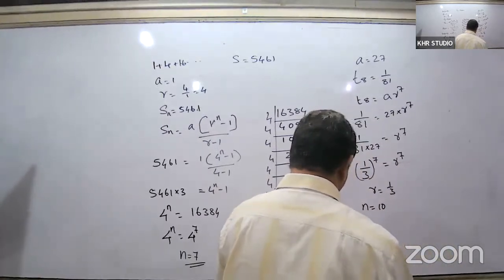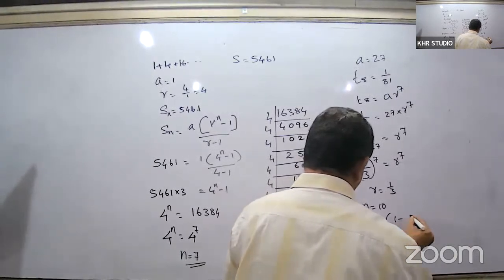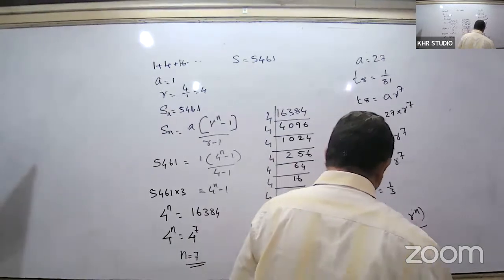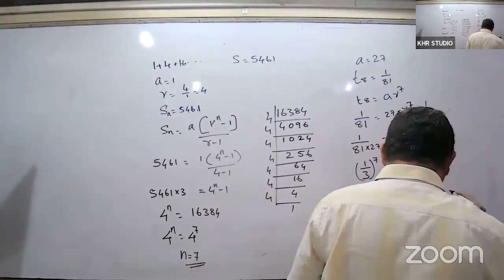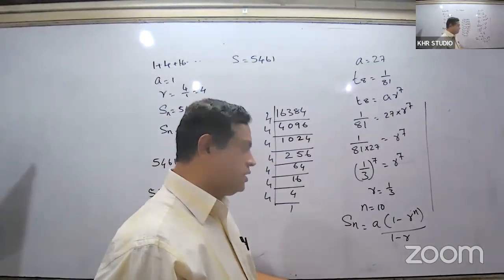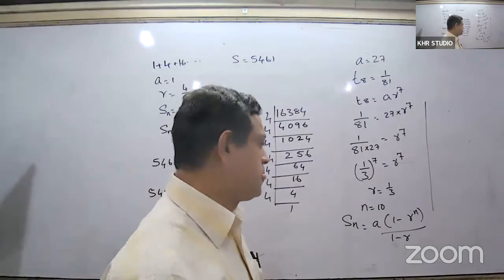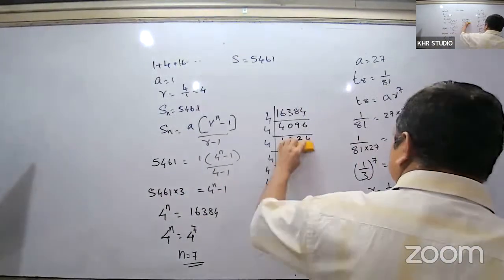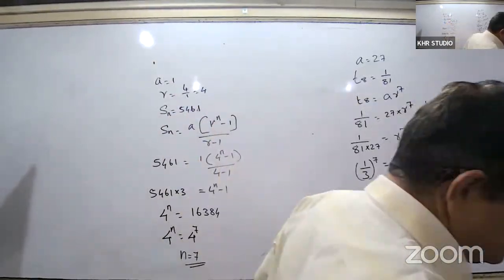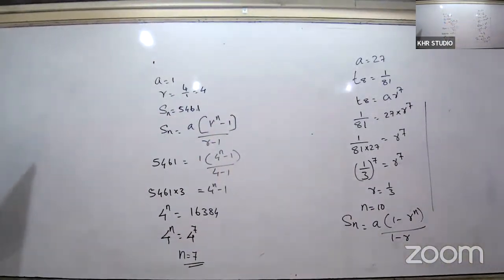Then Sn. You have A, you have R, you have N. Replace the values. Simplification, you have to do it.